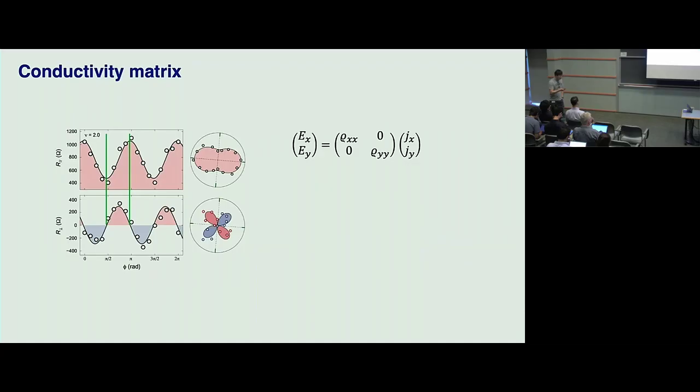And the off-diagonal term in this matrix happens to be the Hall resistivity. So if you get the conductivity matrix out of it, what this means is that the Hall coefficient is 0. So even though in this angular dependence we get non-zero Hall resistance over many different angles, combining all the angular dependence together, we know that there's no Hall effect, and time reversal symmetry must be preserved by the underlying electronic state.